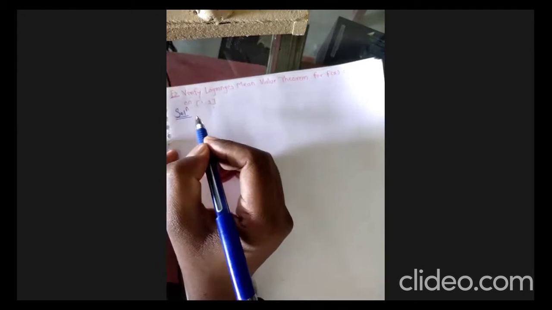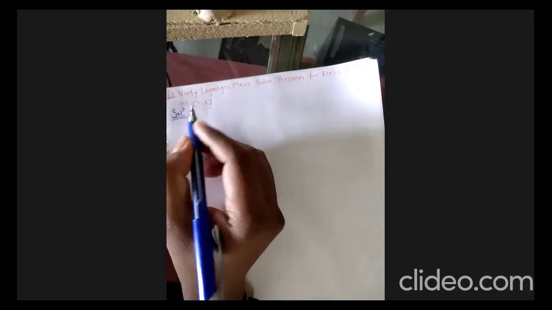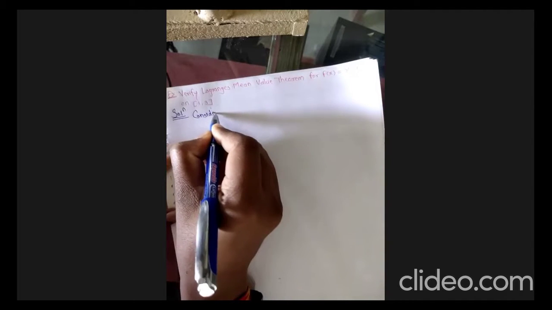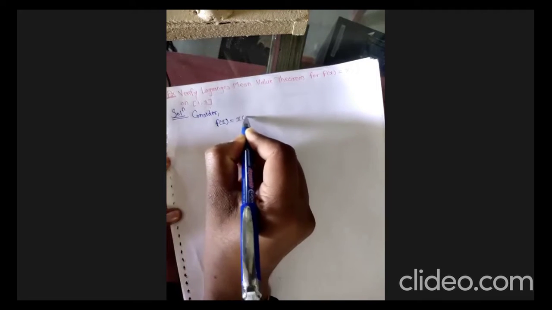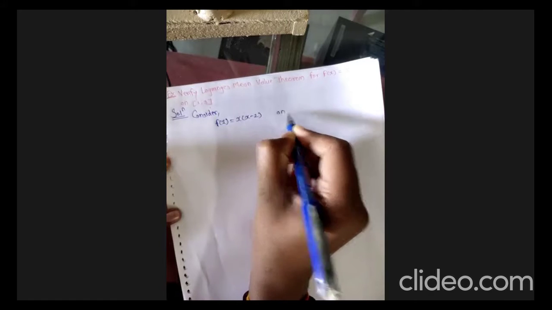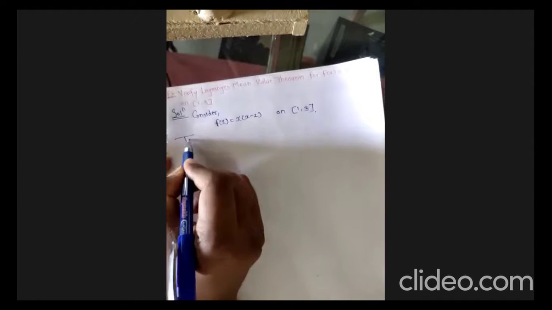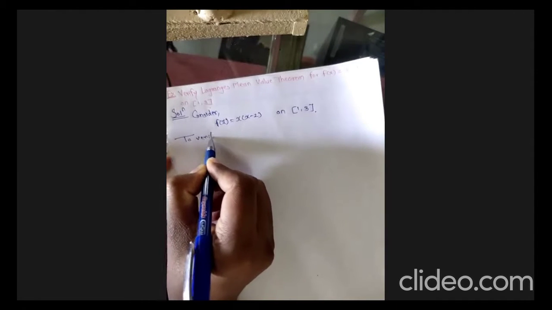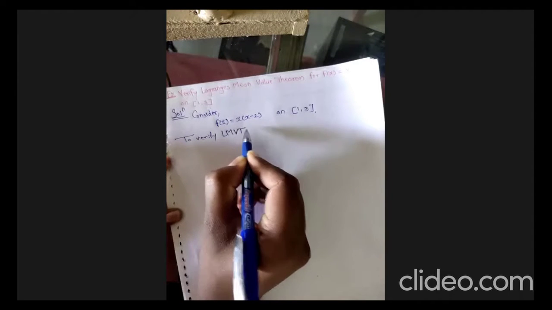Now, to verify Lagrange's mean value theorem for the function, first we write: consider f of x equal to x into x minus 2, which is defined on the interval 1 comma 3. To verify the theorem, Lagrange's mean value theorem, in short, we will write LMVT.